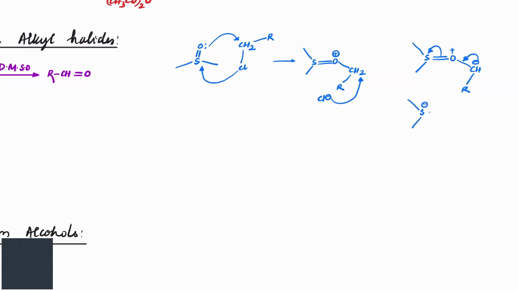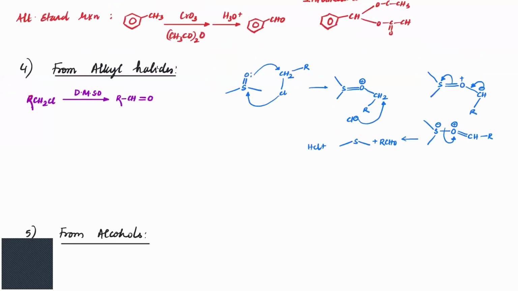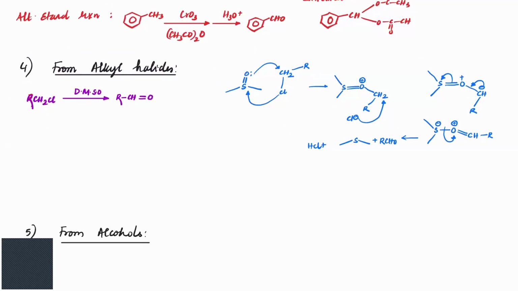Then oxygen will have a double bond with CH and R with a plus charge. Now when oxygen takes away electrons, it would simply become dimethyl sulfide, RCHO and HCl. So typically this is how the mechanism works.